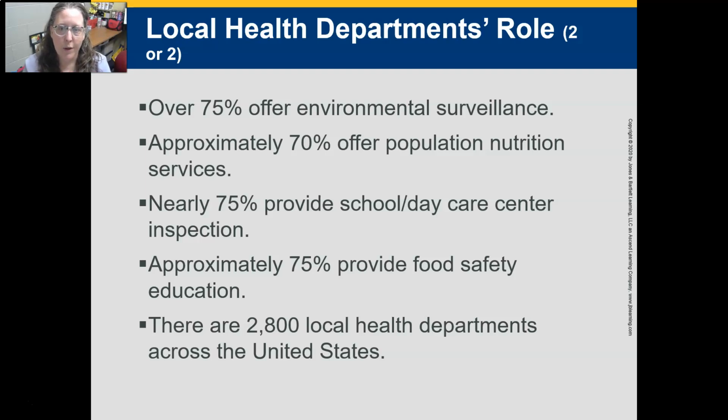This can help with the nutrition of the infants and then the children. Nearly 75% provide school and daycare center inspection, and approximately 75% provide food safety education. They will also do some of the inspections at restaurants.